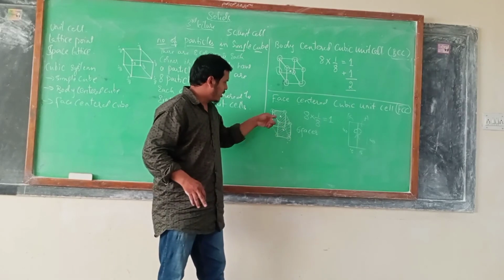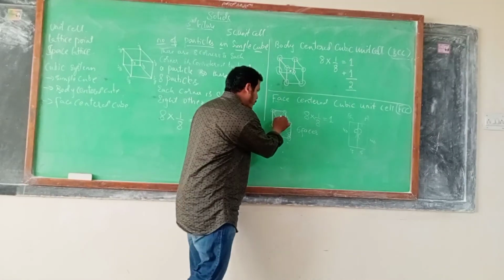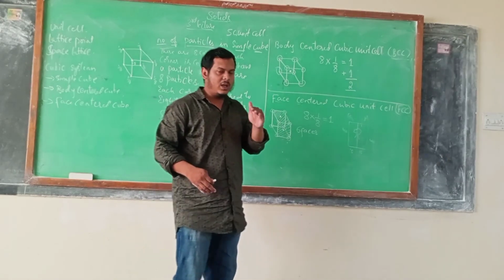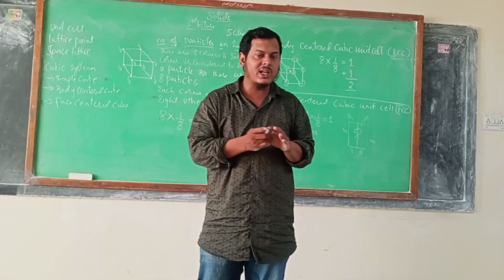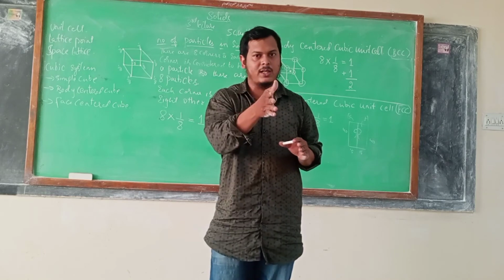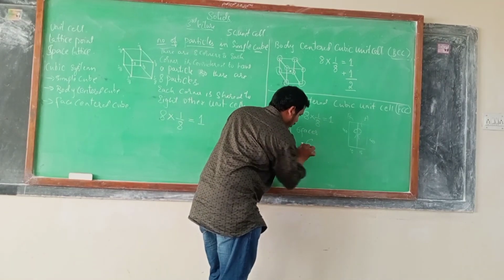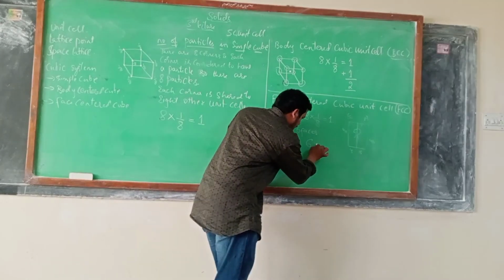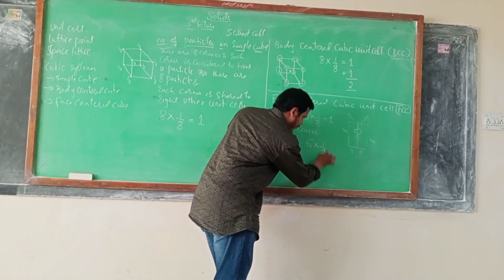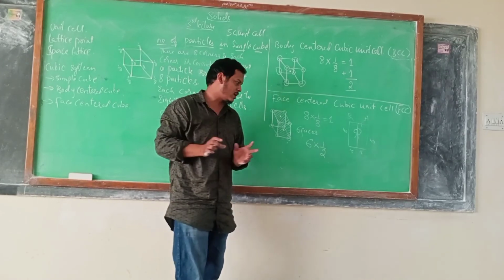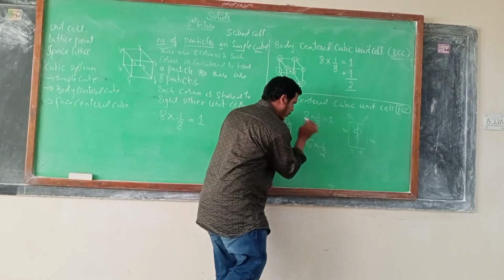Similarly, if there is one particle in the face, and I have 6 faces, how many particles do I get from each face? Half a particle from each face. So it is 6 into 1 by 2.